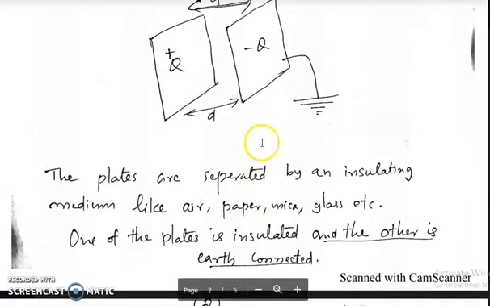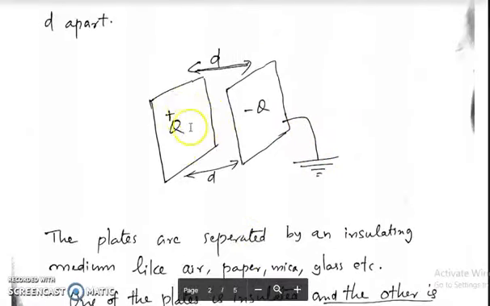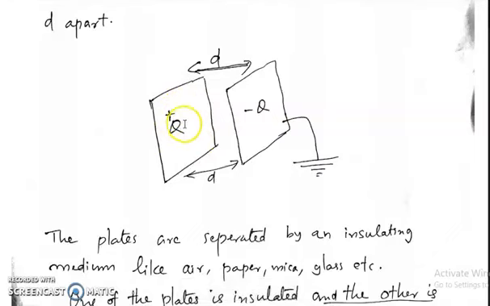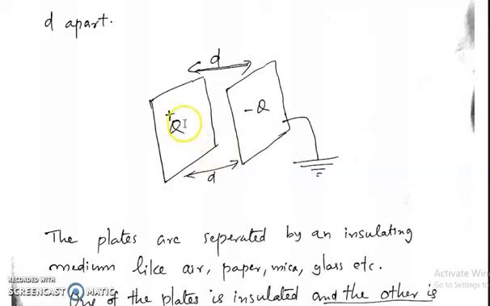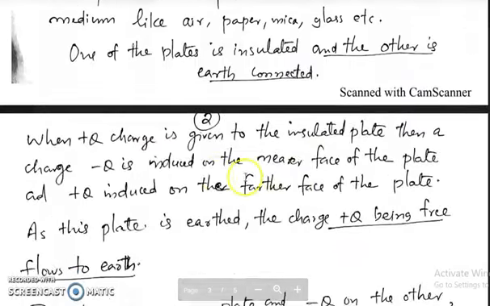So what happens is, when you give a plus Q charge onto the insulated plate, it will induce a minus Q charge on the nearer face of the plate.